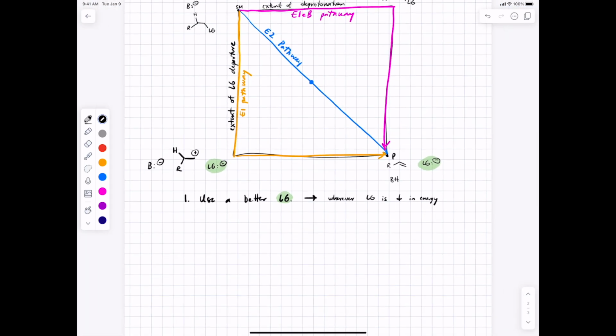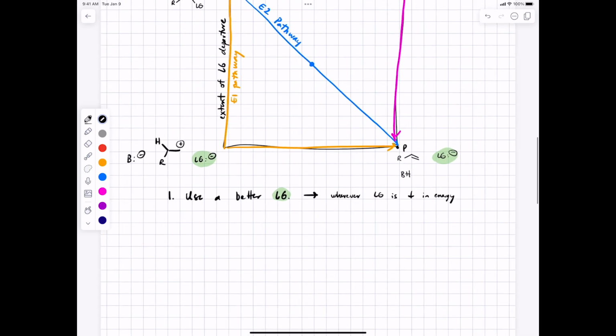So the effect of step one, using that good leaving group, would be to take both of these corners and move them downward.